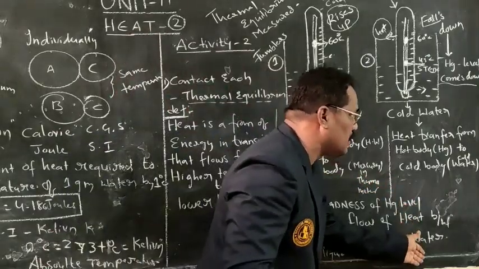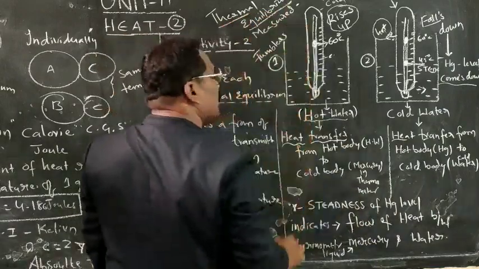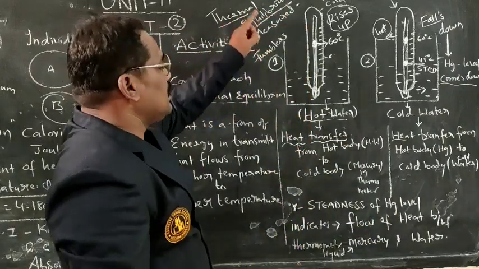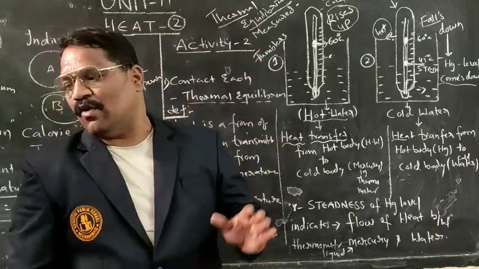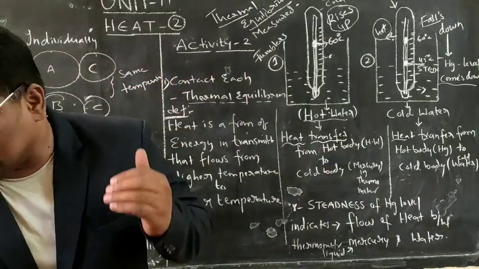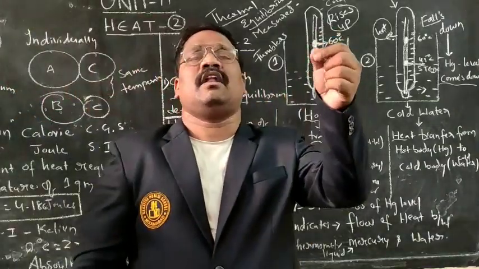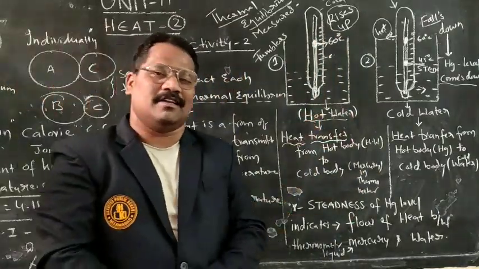Attainment of that nature is called thermal equilibrium. So what else is attained by the body? The thermometer reading in thermal equilibrium gives us nothing but what? Temperature.